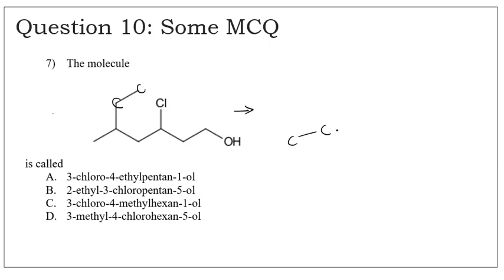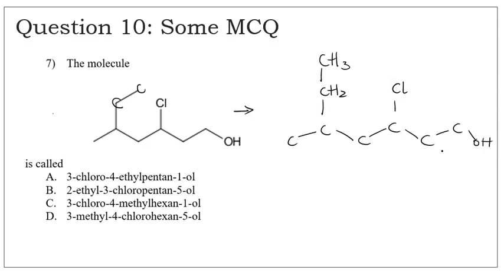So 1, 2, 3, 4, 5. 1, 2, 3, 4, 5, 6. 6, and then there's an OH at the end. All right, this one has a CH2 followed by a CH3, and then there's a chlorine here.